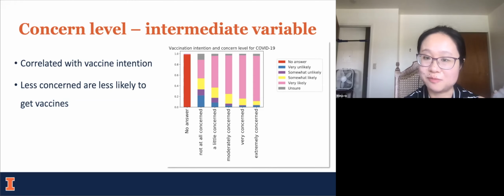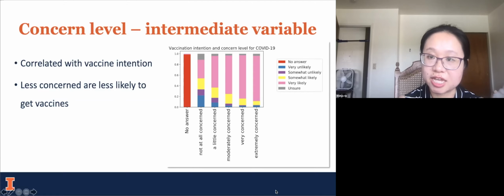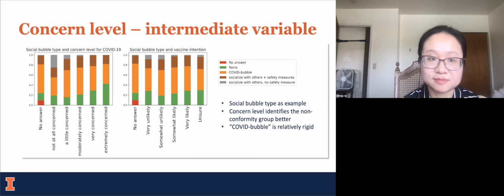So first, we plotted the bar graph to see if the people who are less concerned are less likely to take the vaccine. And we got the answer, yes. The people less concerned are less likely to get vaccines. So that means concern level can be a good indicator of people's intention to take the vaccine.